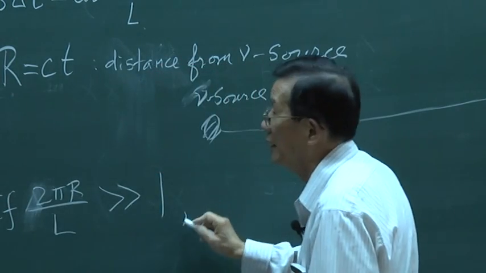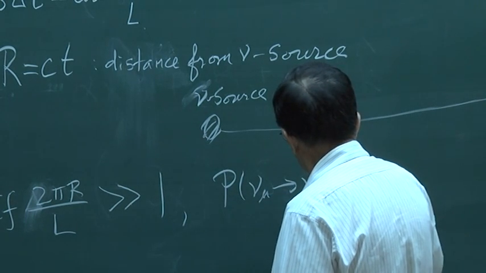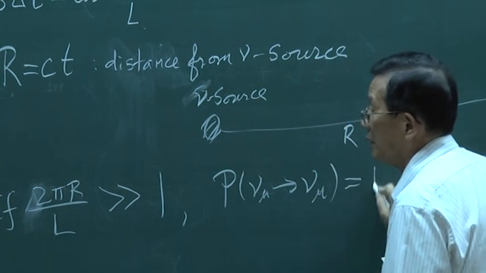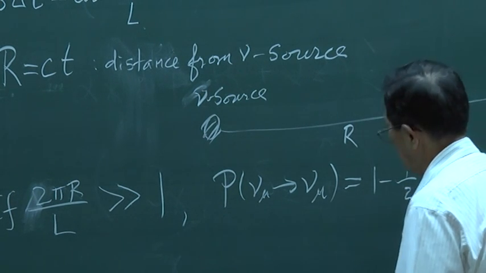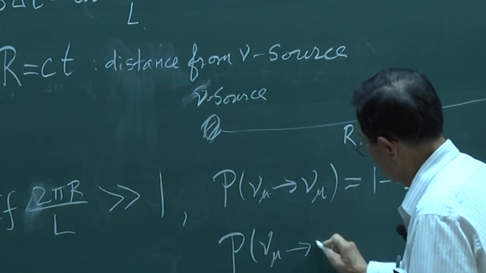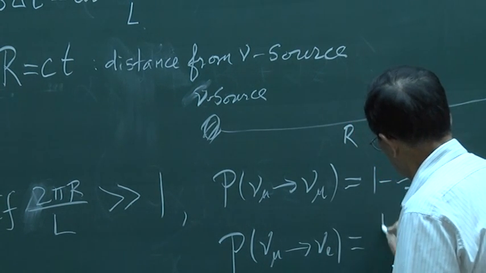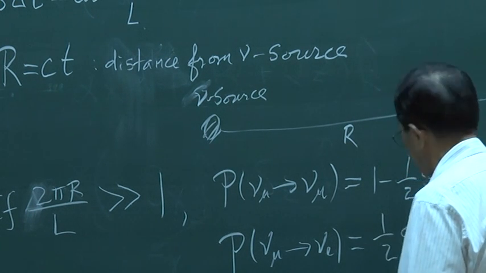So in that case, P of mu going to mu will be equal to 1 minus 1/2 sine squared 2 phi, and then P of mu going to e will be equal to 1/2 sine squared 2 phi.